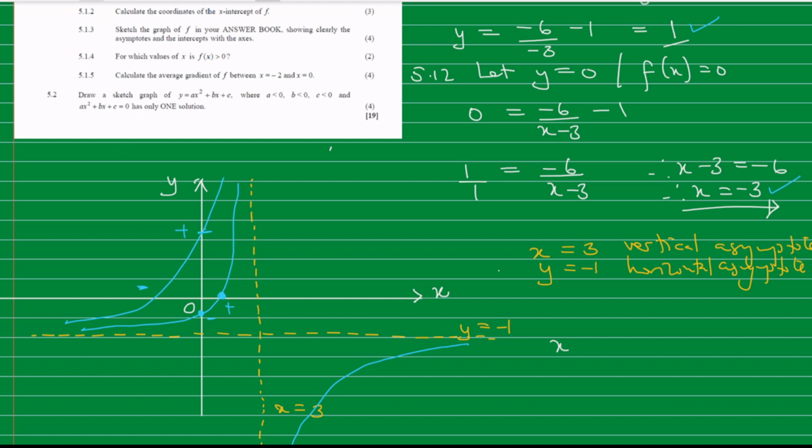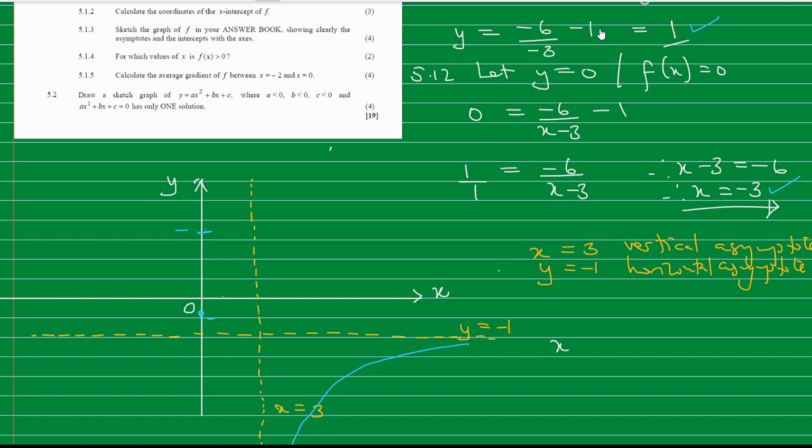So in short, we have drawn the first curve in the fourth quadrant. Now, when you are drawing the other portion, take note of your asymptotes, and take note of your intercepts.